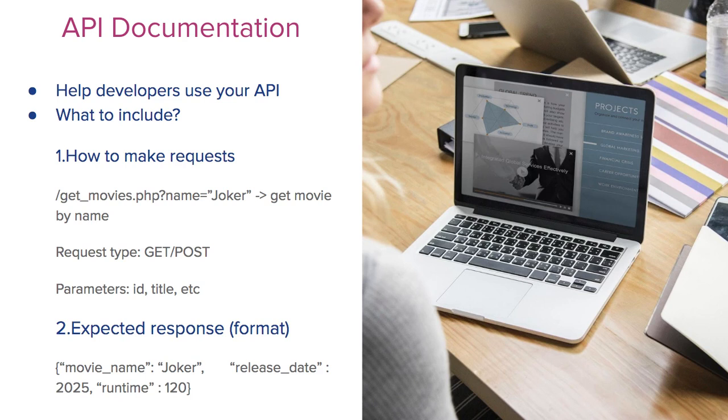So the process of writing an API documentation is not difficult at all, but it requires knowing exactly what you need to include. What you need to include are many things, and the most important are how to make requests and the expected response.